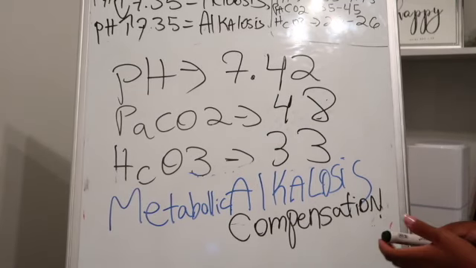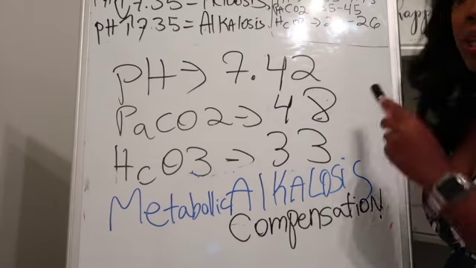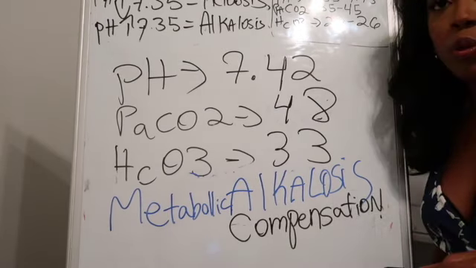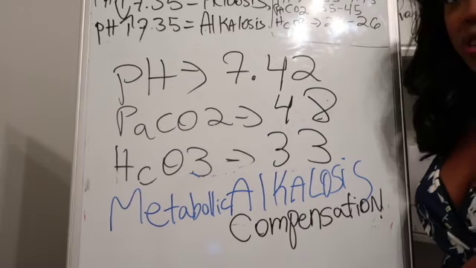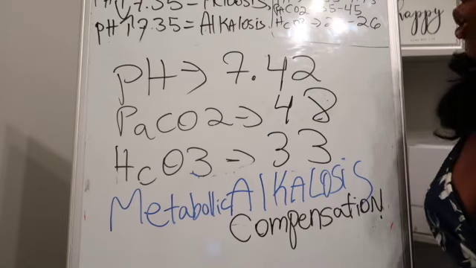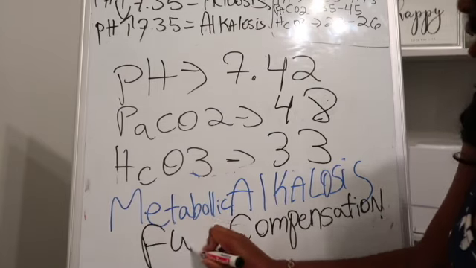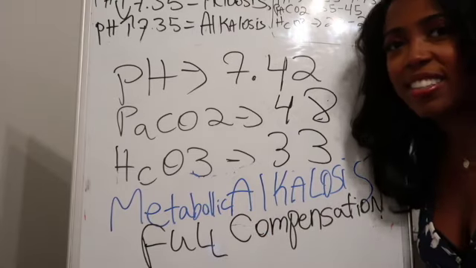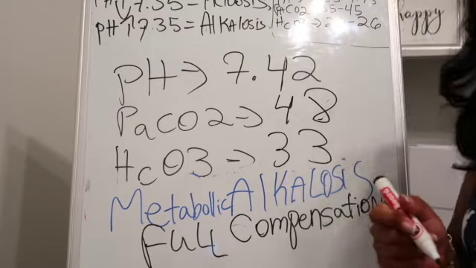We do this by looking at the pH value. Is the pH between 7.35 and 7.45? Yes, it is. It's within the normal pH value. So yes, it is gonna be full compensation.